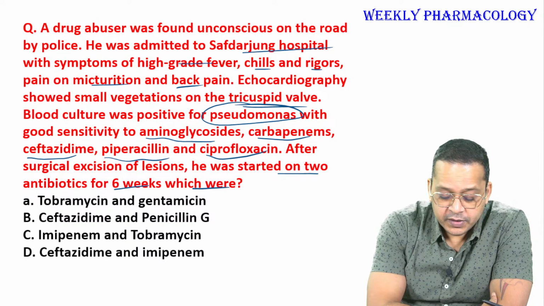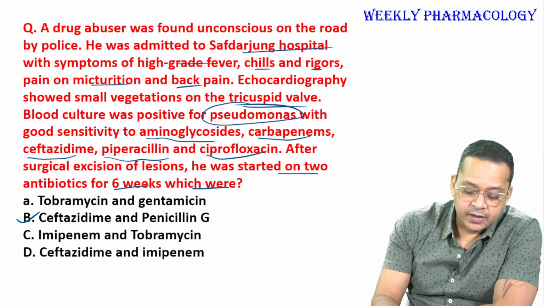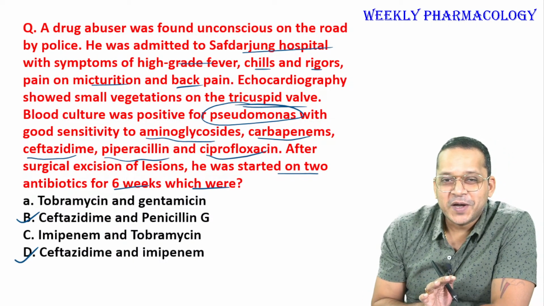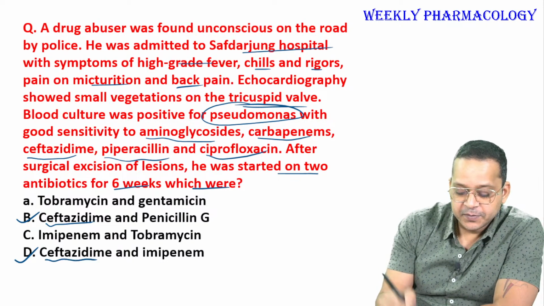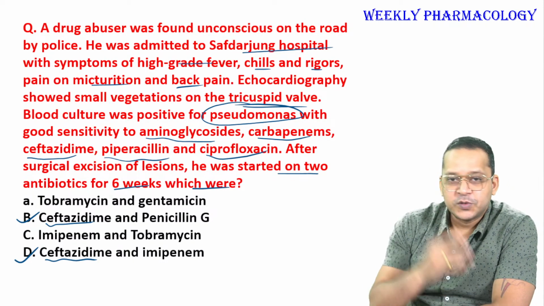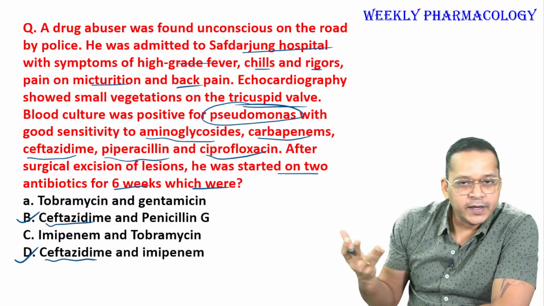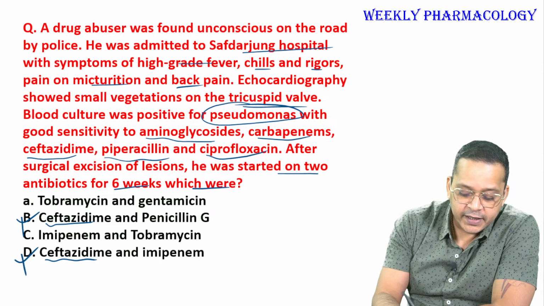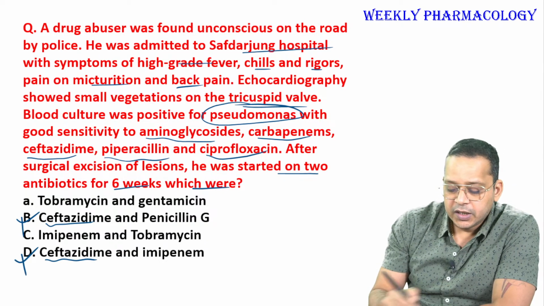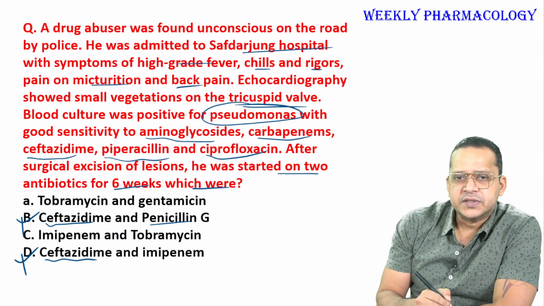All right, those who have gone for option B and D, I can understand why you went for option B or D, because all of you know that ceftazidime is a drug of choice for Pseudomonas. So you thought that either one would be the answer, and it's a good thought process. But remember, both are not the right answer here. The reason being, see, ceftazidime and penicillin G. What is the logic?